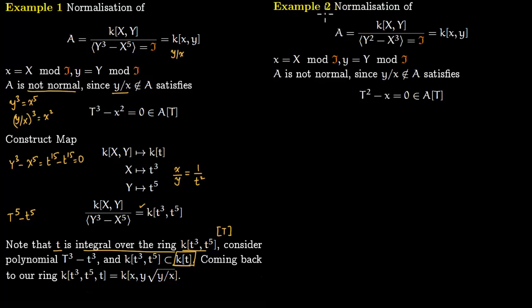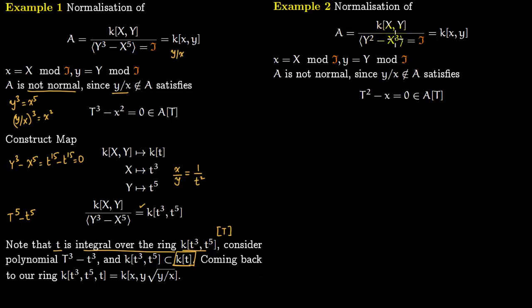Now we again use the same approach with an identical algorithm for normalization. Now we have the normalization of this ring A, which is k[X,Y] modulo Y square minus X cube, and this is the ideal I. We write it as k[x,y], where small x is capital X modulo our ideal, and y is capital Y modulo the ideal. Now again, A is not normal.